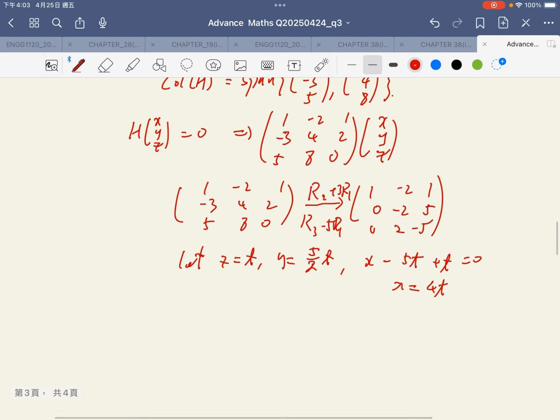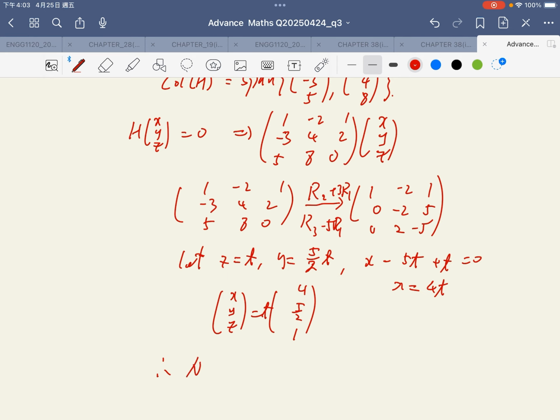That means that (x, y, z) should be equal to t times (4, 5 over 2, 1). That is the null space. The null space of H should be the span of only one vector, this one.